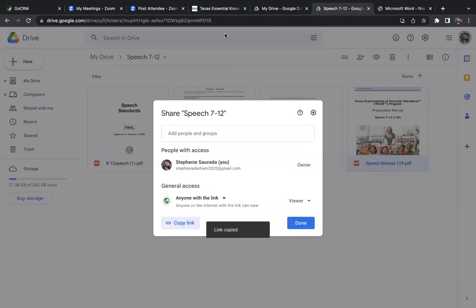Okay, so I am going to put it for you in your chat. You'll be able to save it. If you can save it in your bookmarks, you'll be able to access it later. And it has the standards, it has the TEKS, the manual preparation.